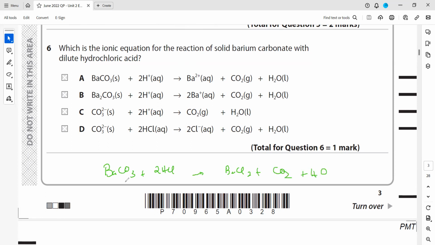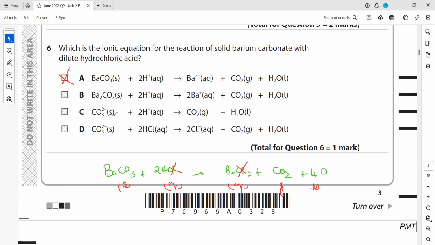For the state symbols, this is solid, aqueous, since most chlorides are soluble, then gas and liquid. We cancel out the common ion, so chloride ion is common. So it will be BaCO3, barium carbonate, reacting with two hydrogen ions to give barium ion, carbon dioxide, and water. So with reference to that, A should be the right answer.